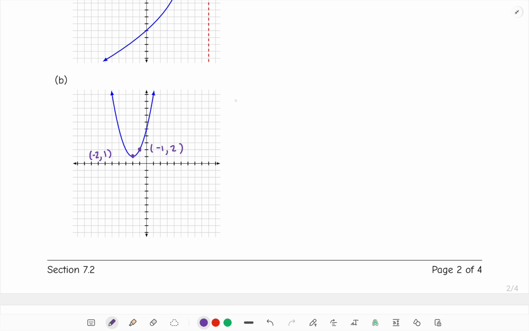Because this is vertical, I know it's (x minus h) squared equals 4p(y minus k). h is -2, so it's (x plus 2) squared equals 4p(y minus 1).